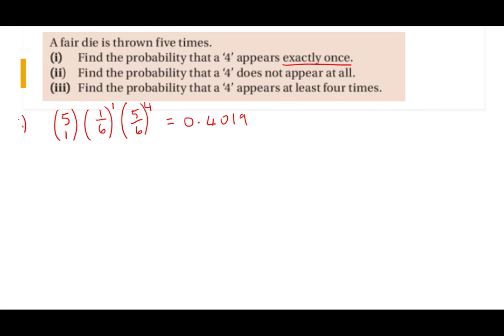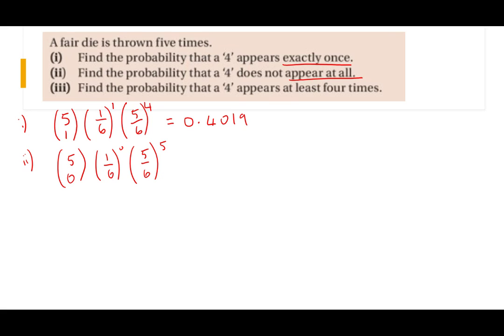Find the probability that a 4 does not appear at all. Okay, so if it doesn't appear at all, it's coming up 0 times. Okay, so I've got 5 choose 0. And that means I've got 1/6 doesn't come up at all. 5/6 comes up 5 times.